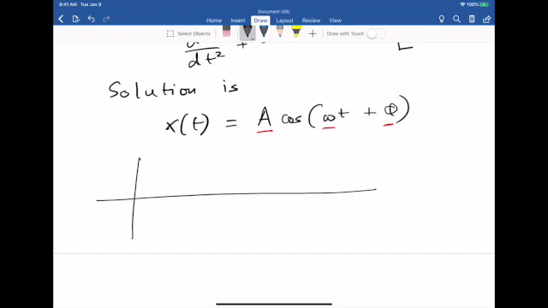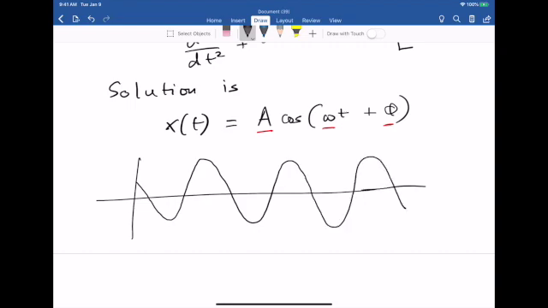So what does this function, a cosine omega t plus phi, look like? You all know what a cosine function looks like. It's going to be something like this. It's going to be sinusoidal. It's going to oscillate.